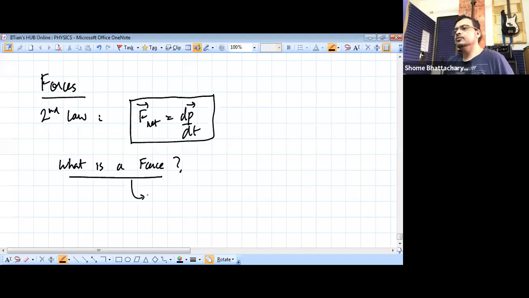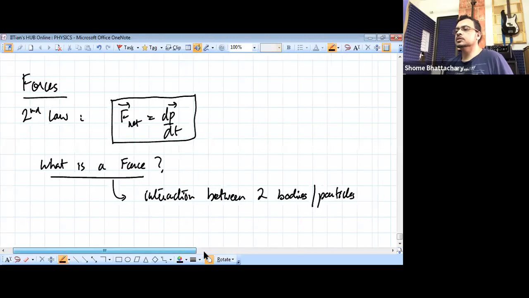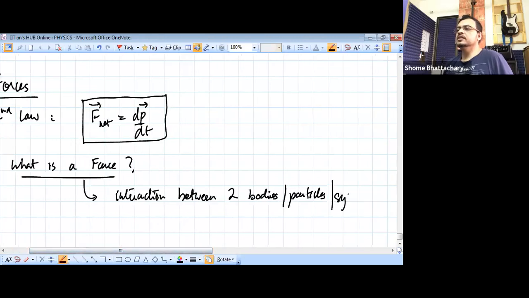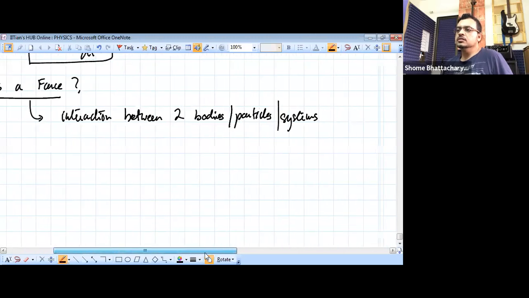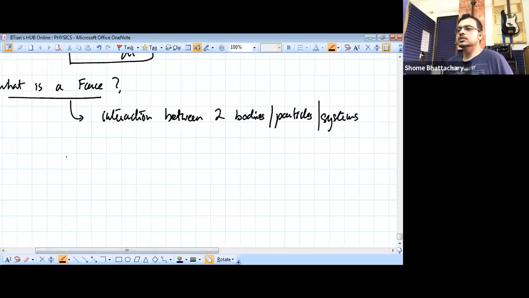So that we understand, a force is nothing but an interaction between two bodies or particles or even two systems. You can even say it is the interaction between two systems. So what do we mean exactly by interaction? For that we have to understand what are the fundamental types of forces.